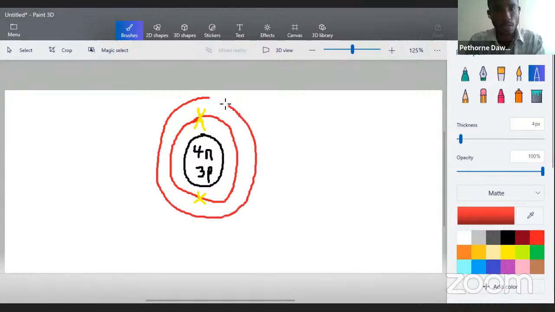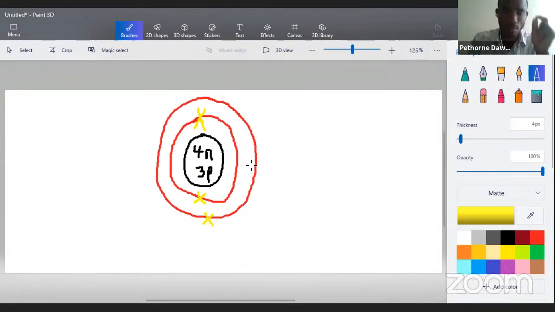And then we add another electron. The reason why I added 3 electrons is because for an atom, the electron count must be equal to the proton count. So if there are 3 protons, there must be 3 electrons for the atom.